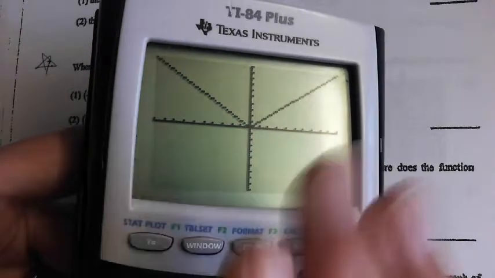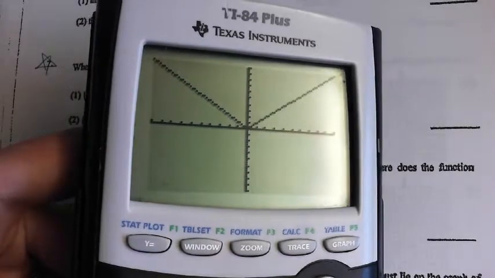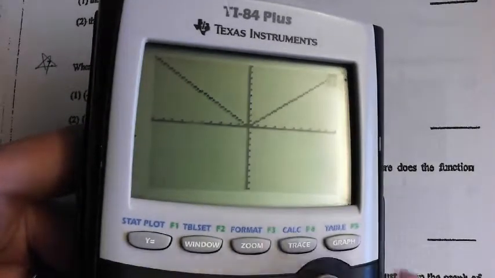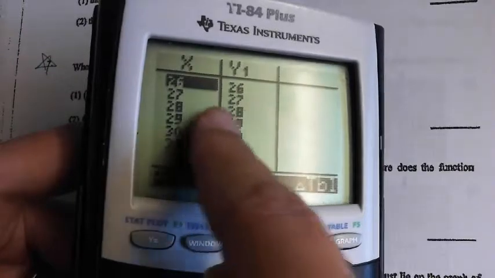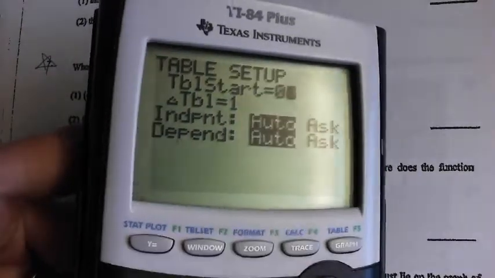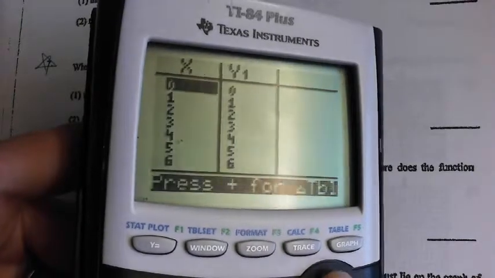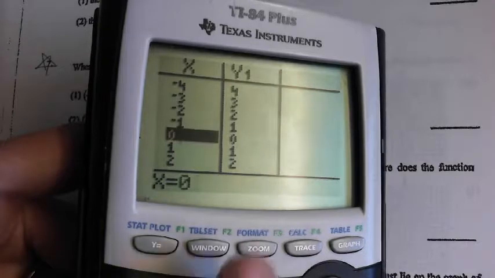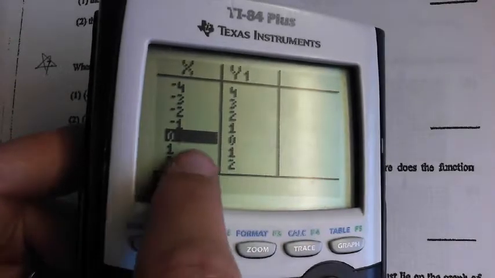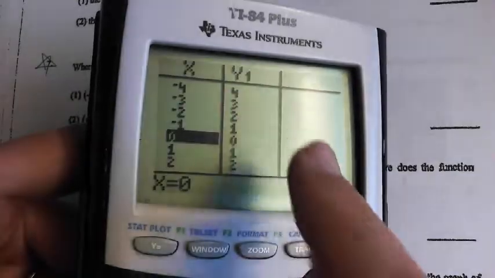Yes, okay. So it's kind of like the quadratic in that the vertex is at 0, 0. If you go to your table, and again, right now my table is starting at 26. I'm going to go to my table set. I'm going to get my table to start at 0 and take another look at that. So your vertex is at 0, 0. Then on either side of that, you've got 1, 1, and you've got negative 1, 1. You've got 2, 2, and you've got negative 2, 2.